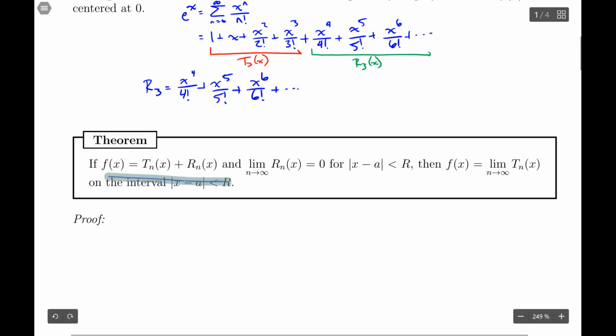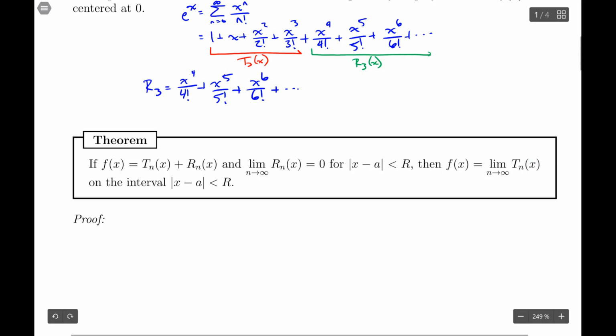If f of x is equal to t sub n of x plus r sub n of x, and we know that the limit as n approaches infinity of the remainder is actually 0 for all x where the absolute value of x minus a is less than r, so for all the x's in the interval of convergence, or within that radius of convergence at least, then the conclusion is that f of x is actually equal to the limit as n approaches infinity of t sub n of x on the interval absolute value of x minus a is less than r.